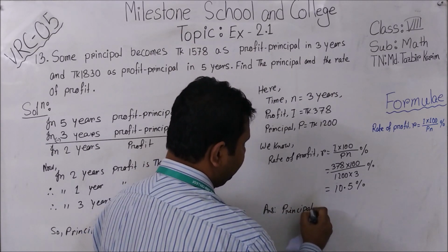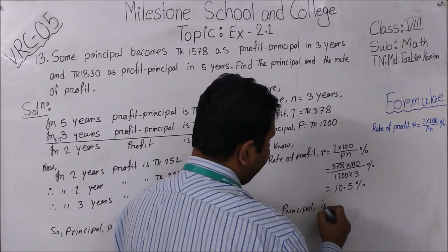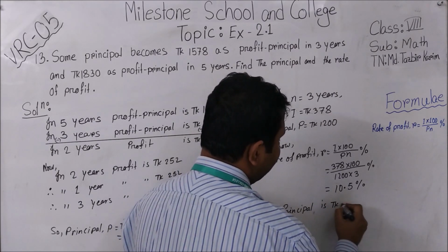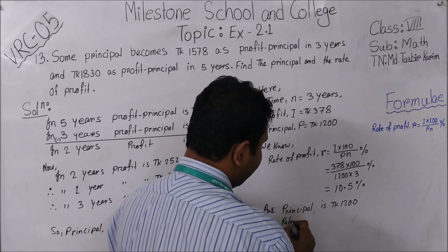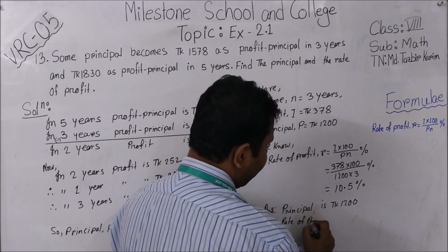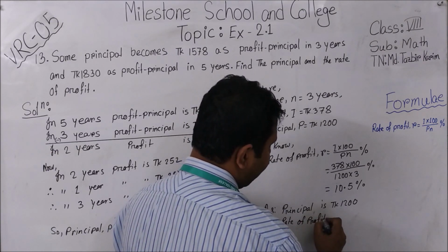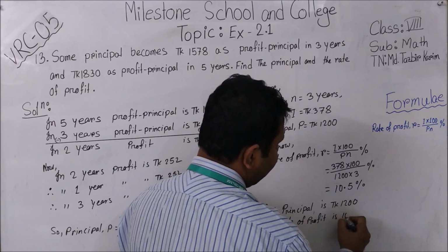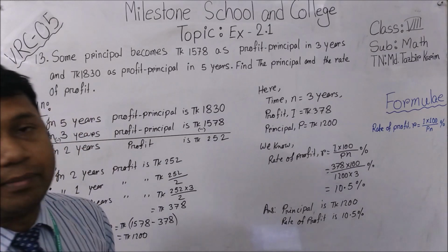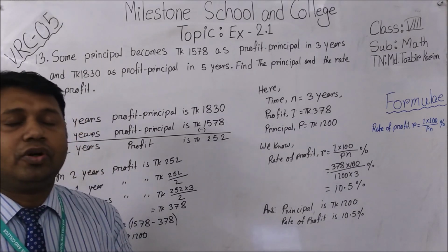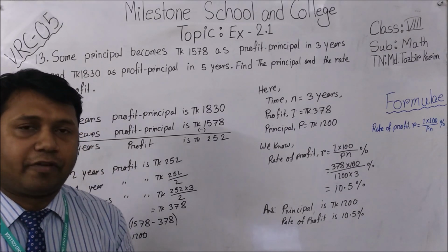So the answers, there are two answers. Principal is taka 1200 and rate of profit is 10.5%. So I think you understand the math. Now we are going to solve the next math, number 14.